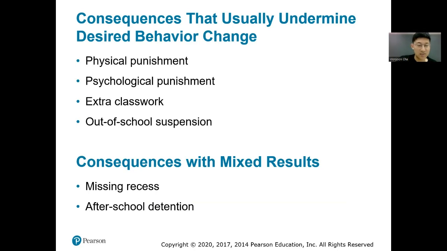These consequences are sometimes effective and sometimes not, and I can see why. As a teacher, I would never use missing recess as a punishment, because students need to rest in order to function well during class, and if we deprive them of these opportunities, it would be hard for them to concentrate and pay attention in class.